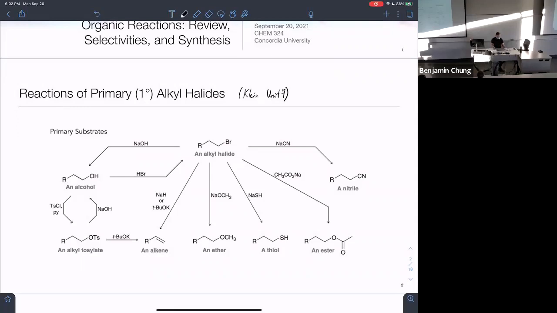So which of these reactions shown here are referring to nucleophilic substitution? Anyone?